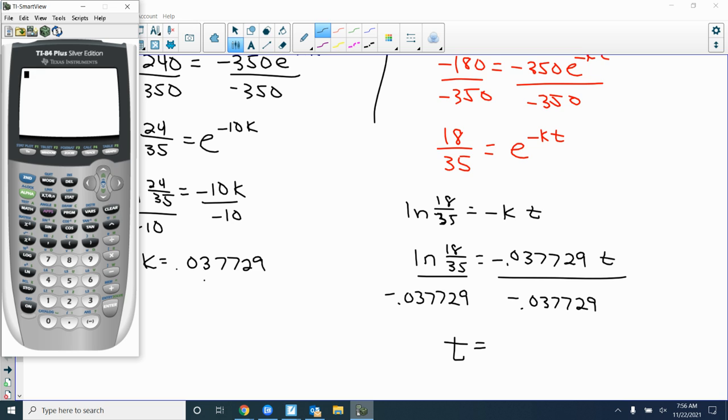Natural log 18 divided by 35, divided by negative 0.037729 gives 17.6. All right, so there you go. So t equals 17.6 minutes.